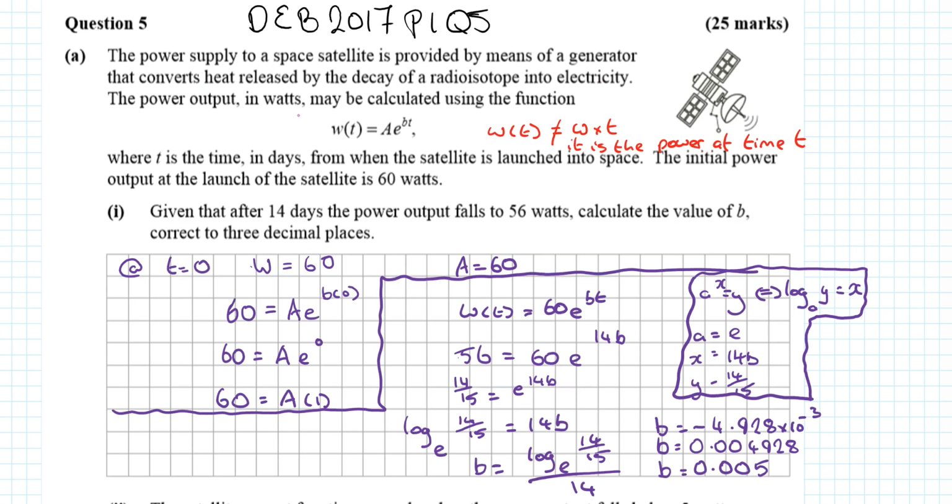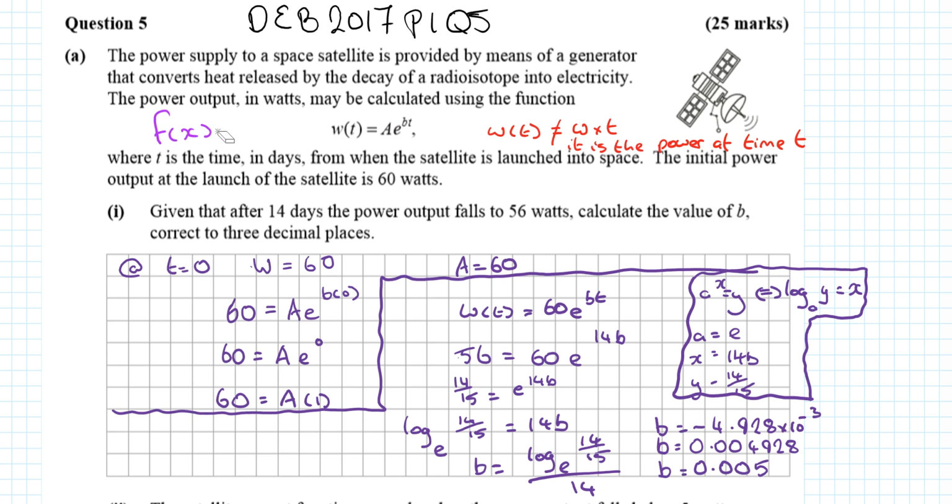The power output in watts may be calculated using the function W of t is equal to A e to the bt. Now, that W of t is not W multiplied by t. It is a function. So remember, f of x does not mean f multiplied by x.